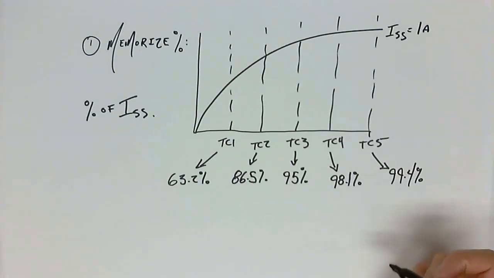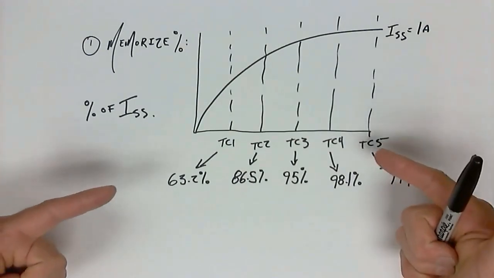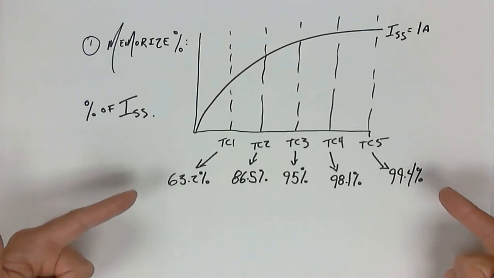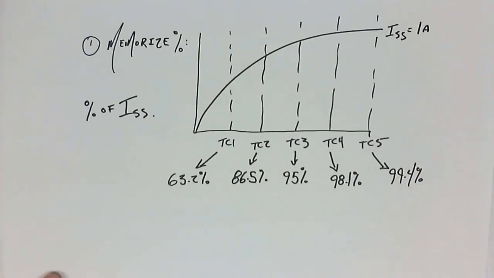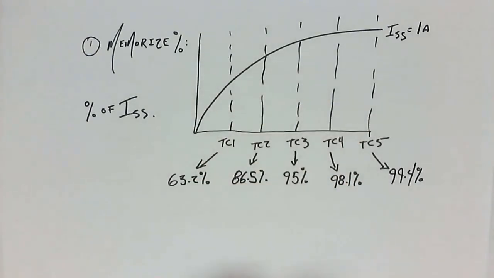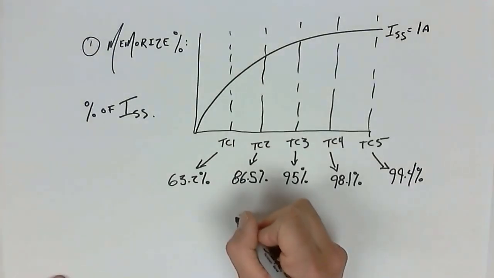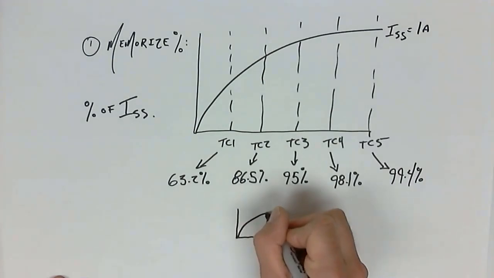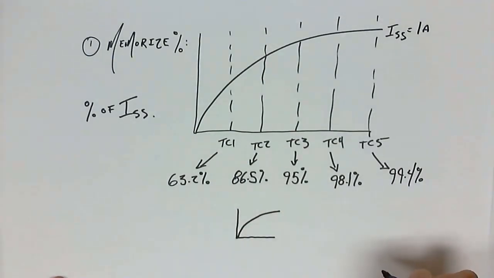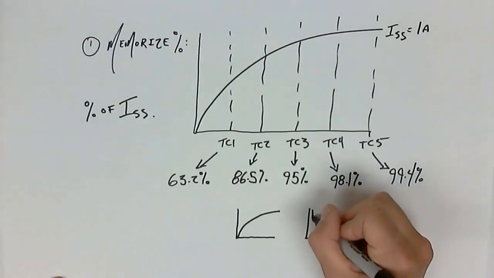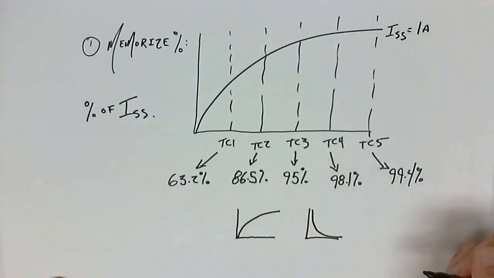And so at this point, you're probably looking at me and saying, Dave, honestly, that's only 1, 2, 3, 4, 5 percentages. That's pretty easy to memorize. I agree with you. However, when we start looking at capacitors, capacitors are not only going to have a rising value like this, but they're also going to have a decreasing value like that.